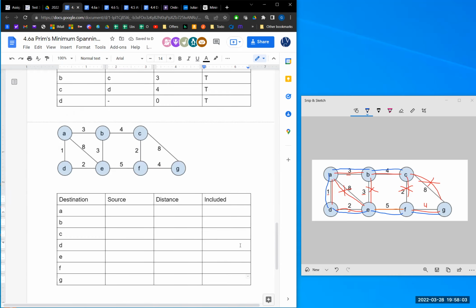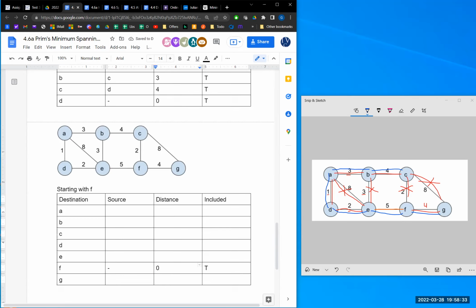All right, so where shall we start? Anyone have a preference for their favorite letter of the alphabet amongst this subset of the alphabet? Anything, anyone? F it is. All right, so F is our starting vertex. F is included.